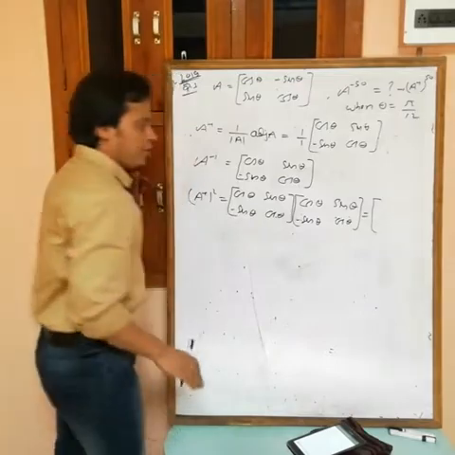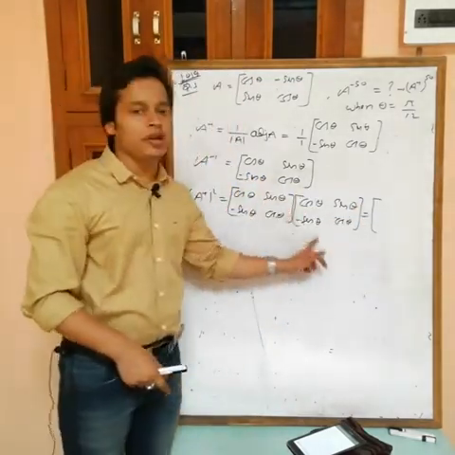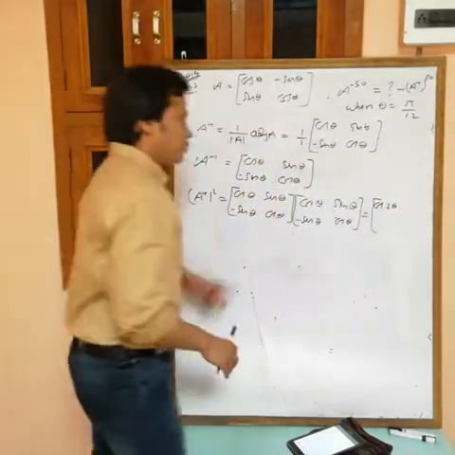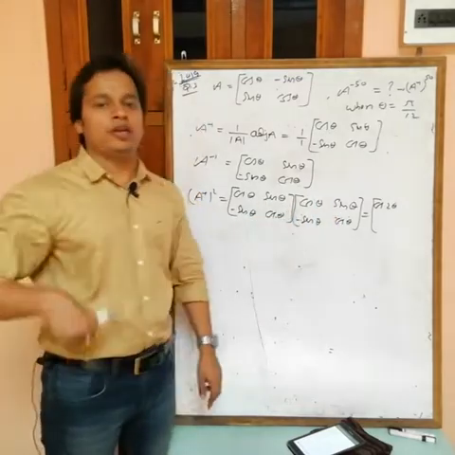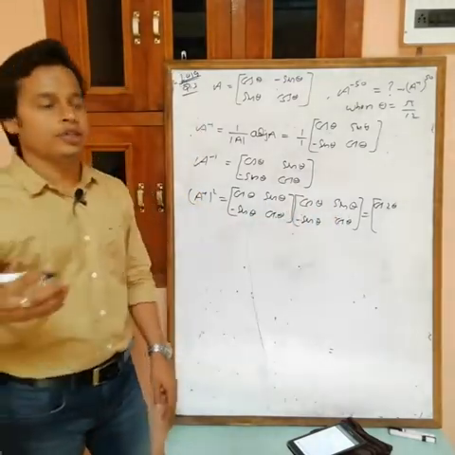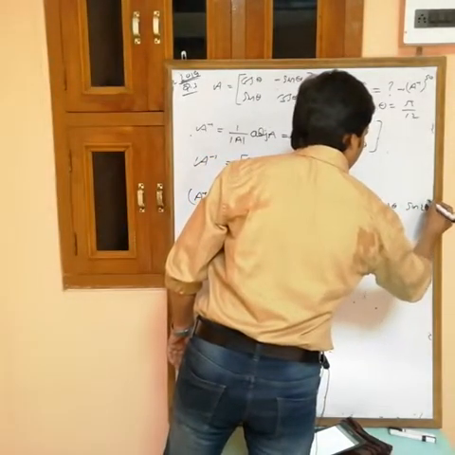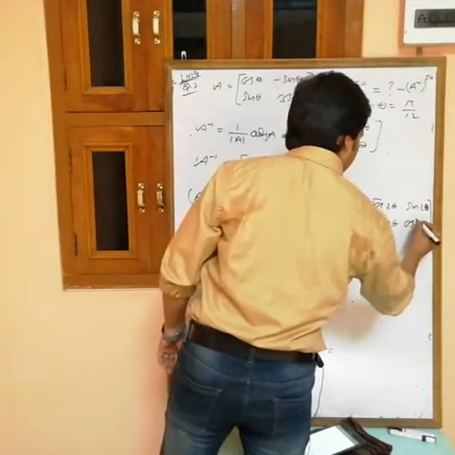Now find P11: first row into first column, cos square theta minus sin square theta, cos 2 theta. P12: first row, second column, cos theta sin theta plus sin theta cos theta, meaning 2 sin theta cos theta, that is equal to sin 2 theta. Similarly, if you solve for the others, here you will get minus sin 2 theta and here you will get cos 2 theta.